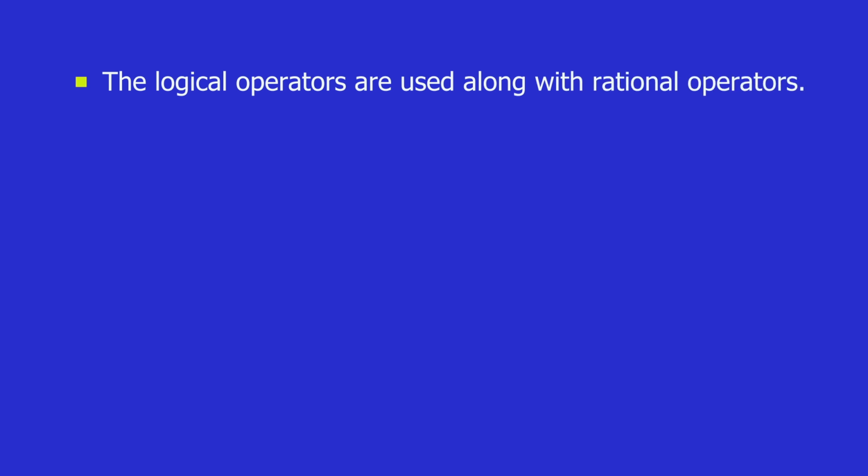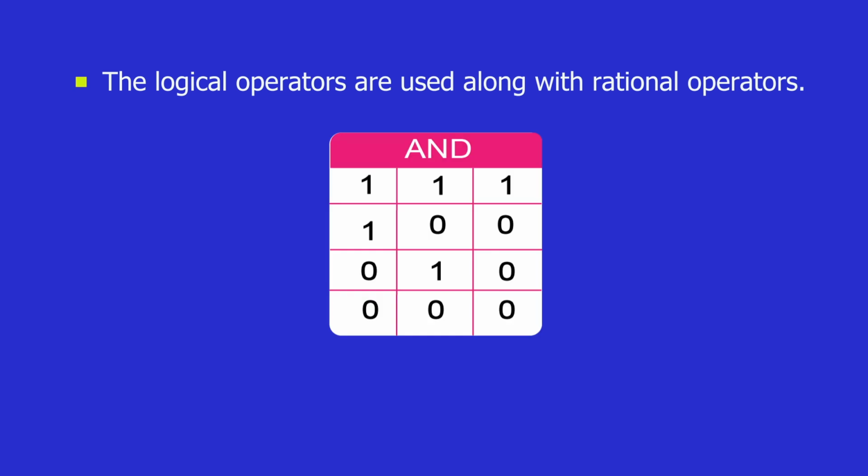The logical operators are used along with relational operators. Operator and will perform AND gate Boolean table operation between two numbers. 1 1 will return 1, 1 0 will return 0, 0 1 will return 0, 0 0 will return 0. This is like a multiplication table.